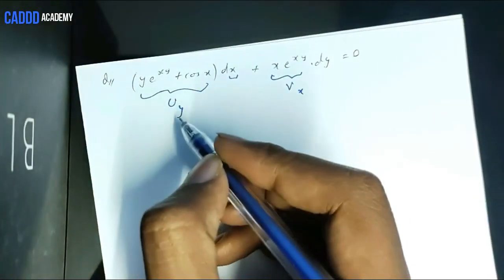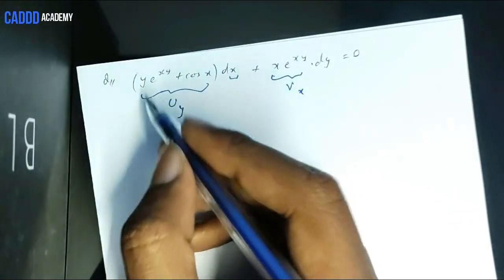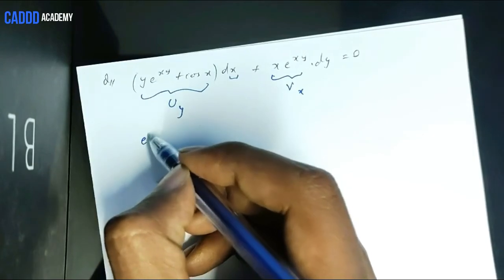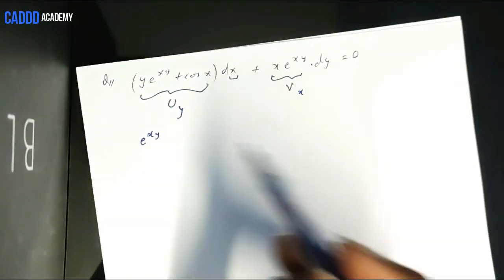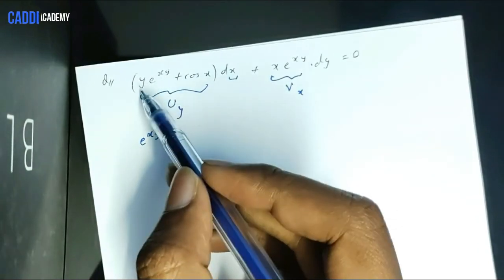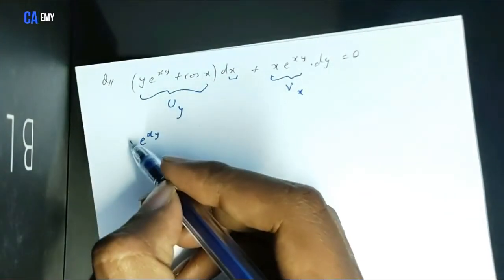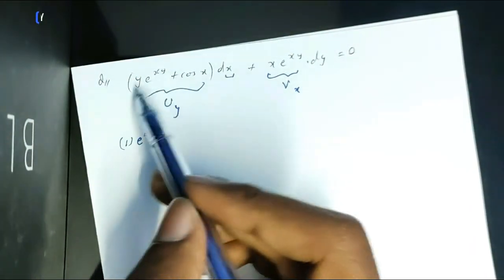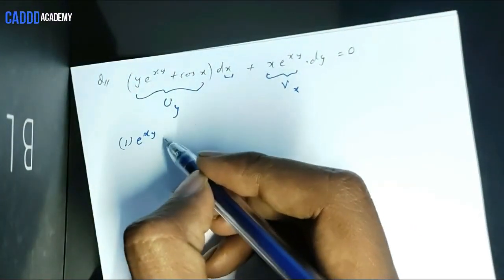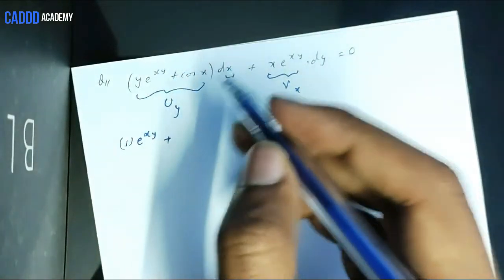So let's differentiate with respect to y. We have e to the power xy. The second term as it is and the differentiation of the first term, which is only 1, then first as it is and the differentiation of the second term.